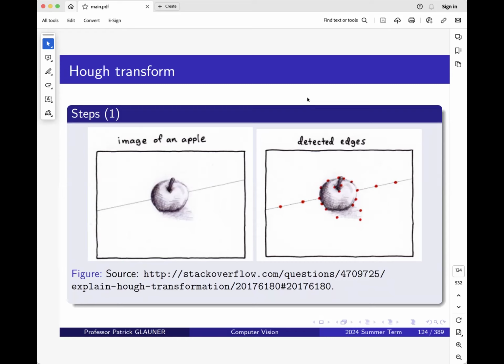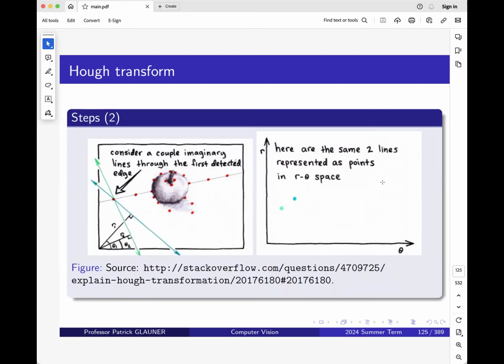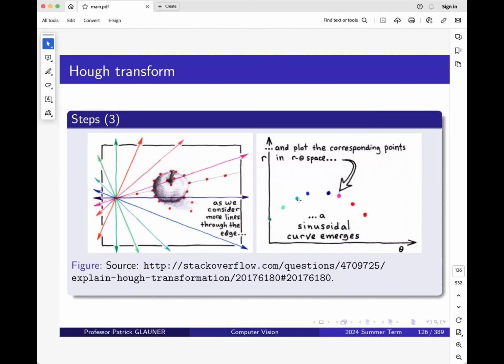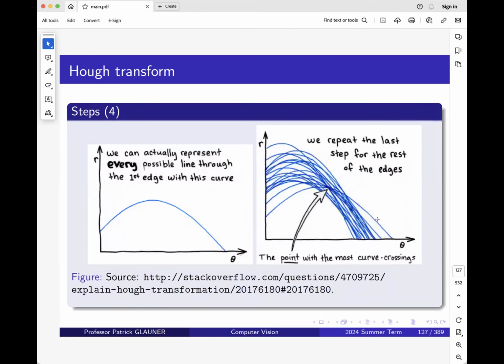One big problem of the Hough transform is running time. The Hough transform can be quite slow, especially because if I run edge detection, I obviously get much more edges than just these few points. And then for each point, putting all the possible lines into r theta, and then trying to intersect all of this in r theta.